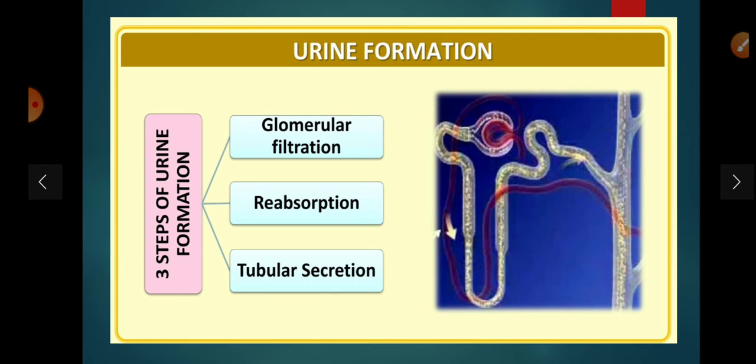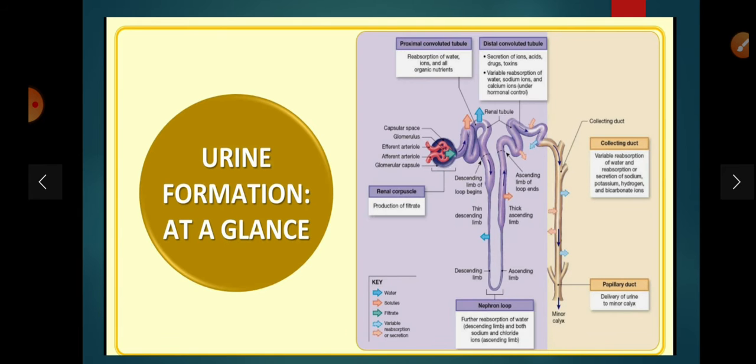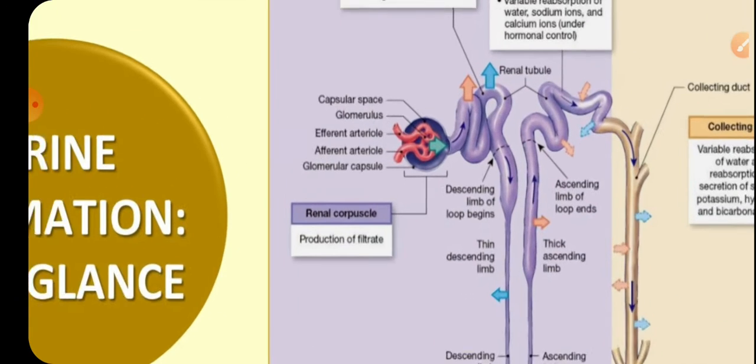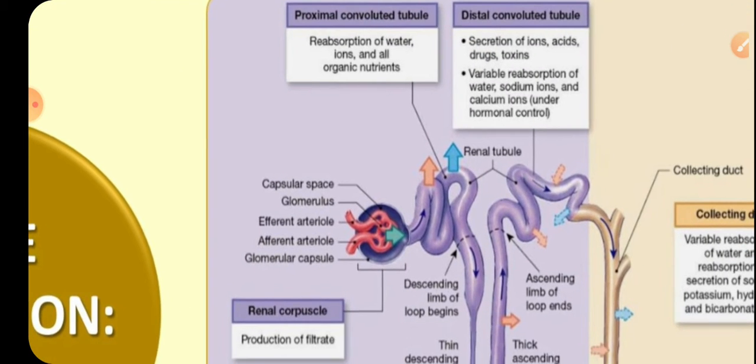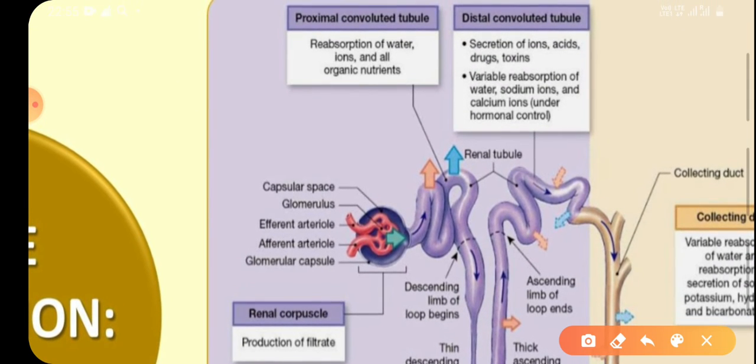Urine formation takes place in three steps. First is glomerular filtration, also known as ultrafiltration, then reabsorption, and tubular secretion. Each glomerulus is connected with an afferent arteriole of larger diameter and an efferent arteriole of smaller diameter.